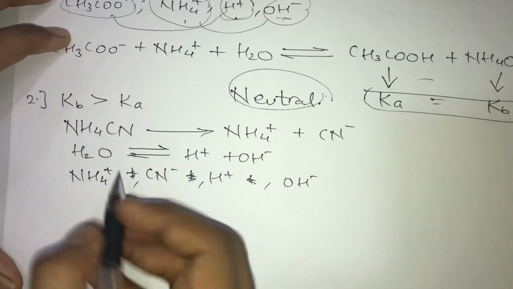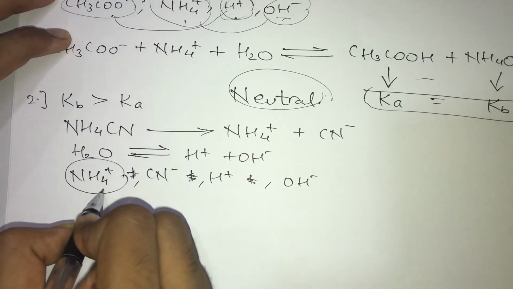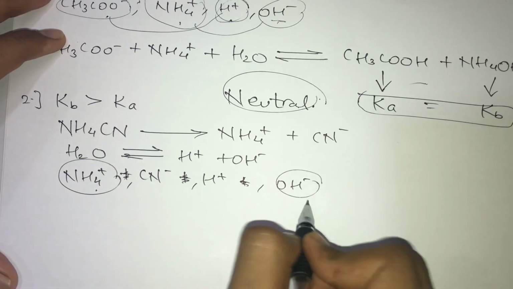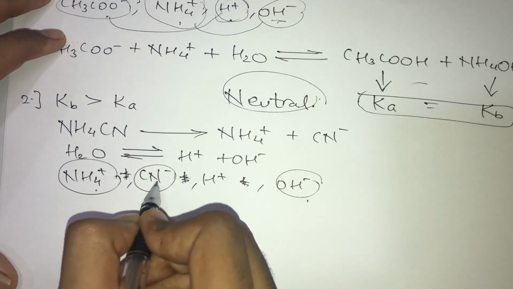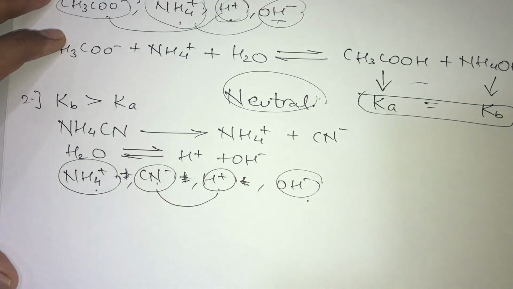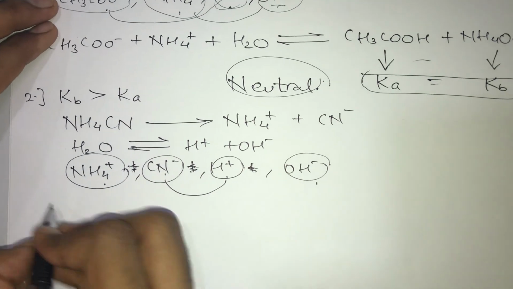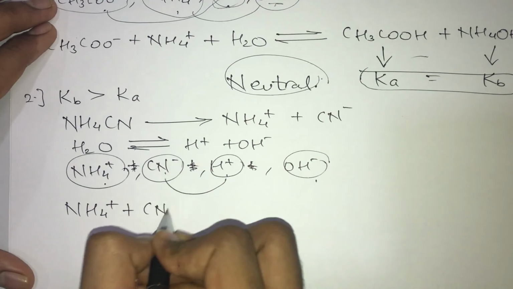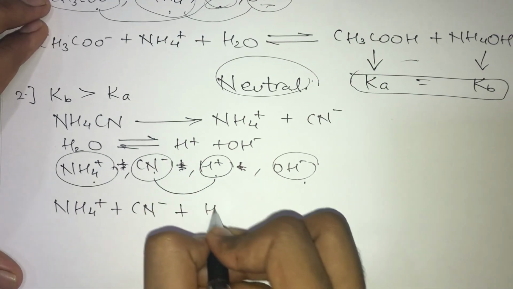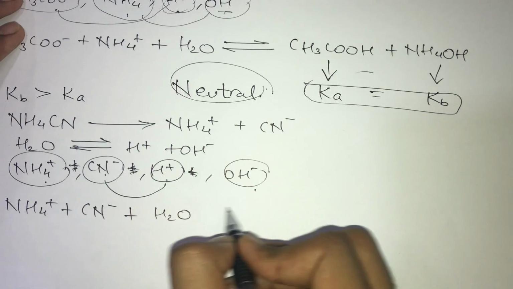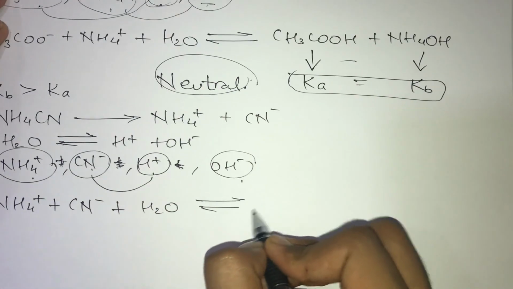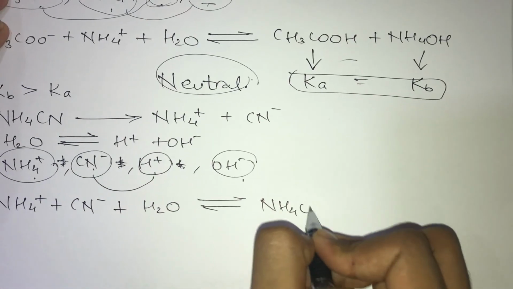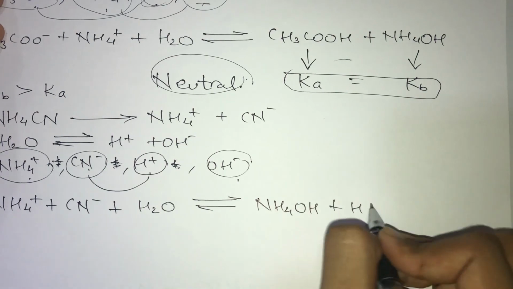Now what is going to happen? This positively charged NH4 plus will react with negatively charged OH minus. This negatively charged CN minus will react with positively charged H plus. So your reaction becomes NH4 plus plus CN minus reacting with H2O molecules, giving us NH4OH plus HCN.